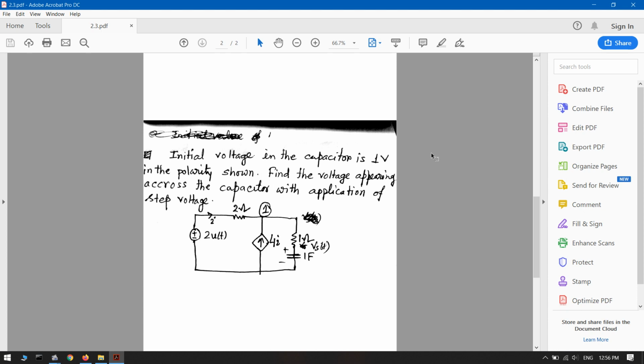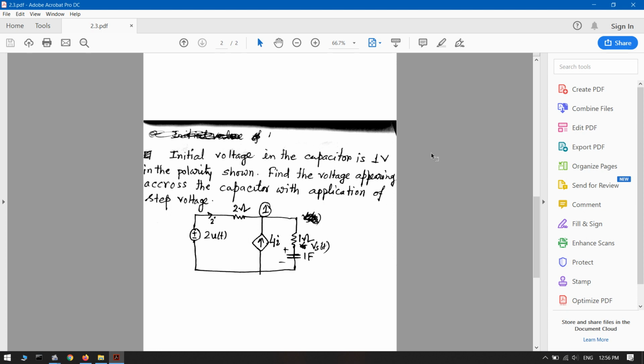So initially the capacitor contains some charge, and due to that charge we have an initial voltage of 1 volt in the polarity shown in the figure.